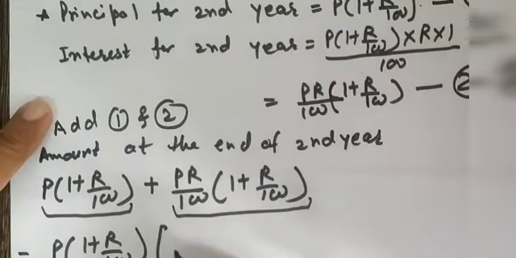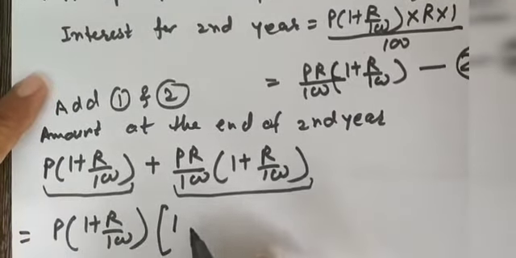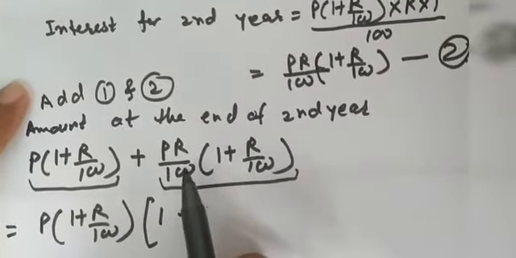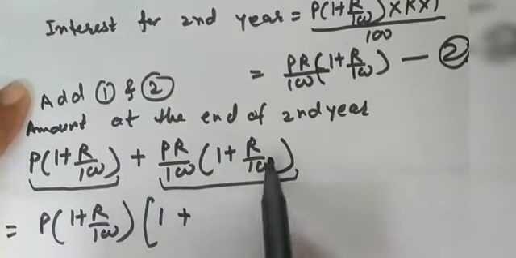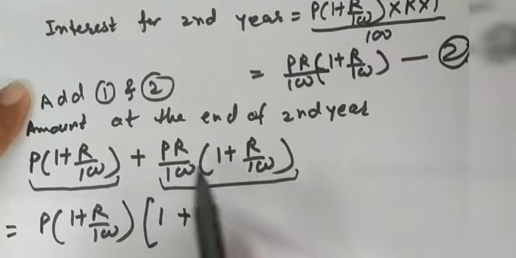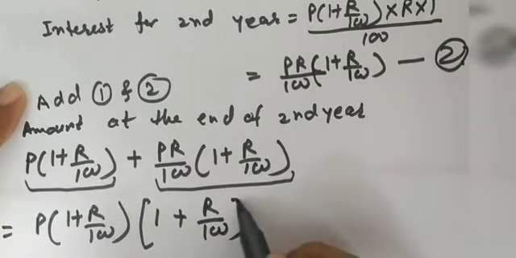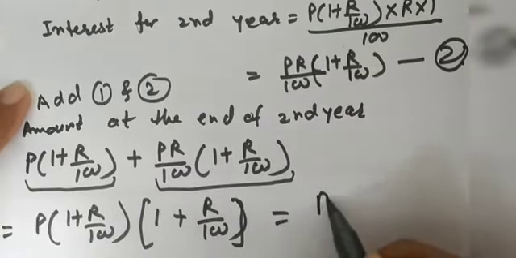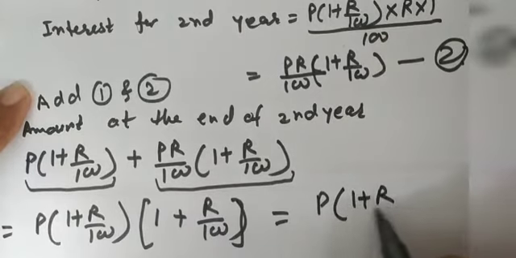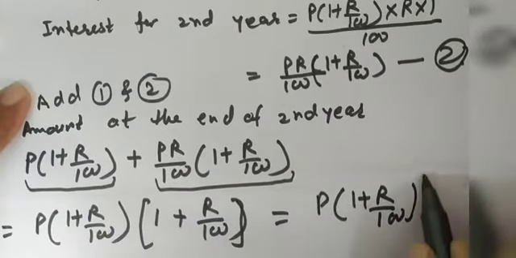Now in the first term I am left with only 1, and in the second term, P into 1 plus R upon 100 has been taken common and we are left with R upon 100. So now you can write it as P into 1 plus R upon 100 whole squared.